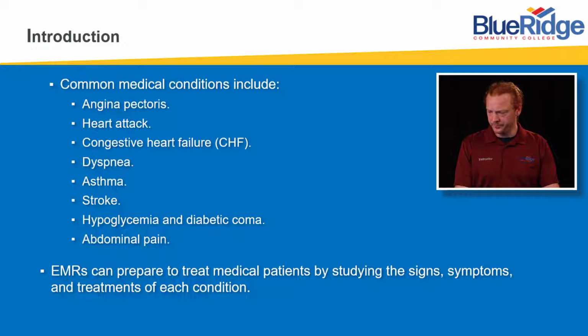EMRs can prepare to treat medical patients by studying the signs and symptoms and treatments of each condition, what to look for, what to expect, and what to relay to higher level care responders as they arrive.